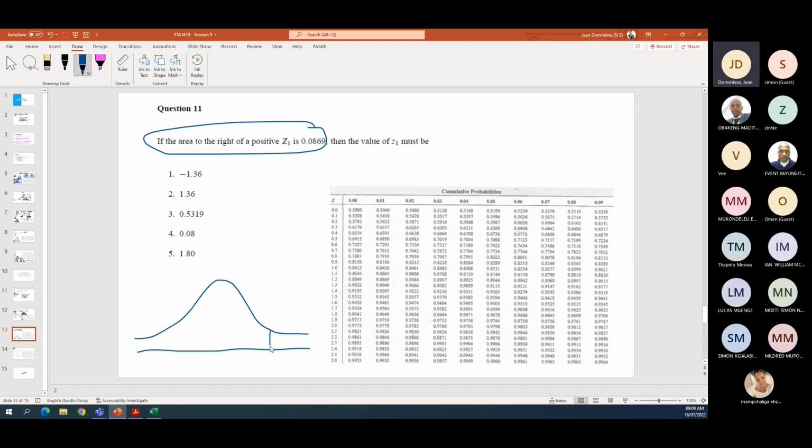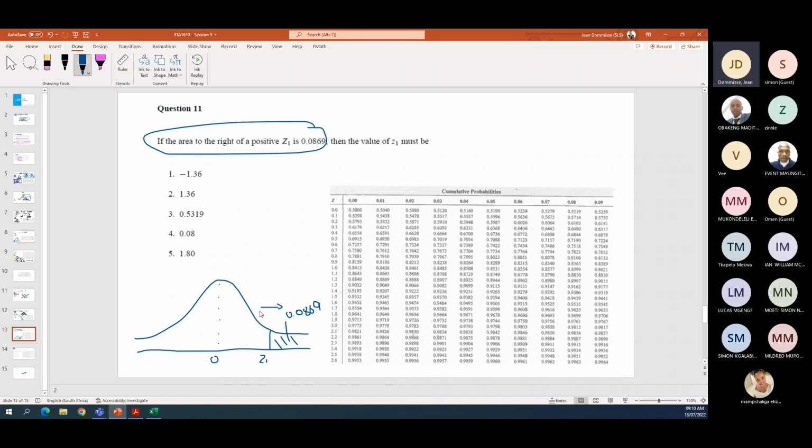So they tell me it's a positive. So again, we know that's 0. They tell me it's a positive Z1. And then they tell me that the area to the right of that positive is 0.0869.